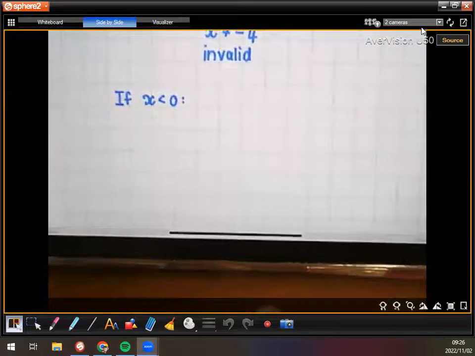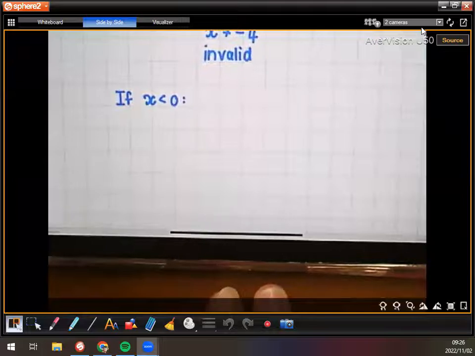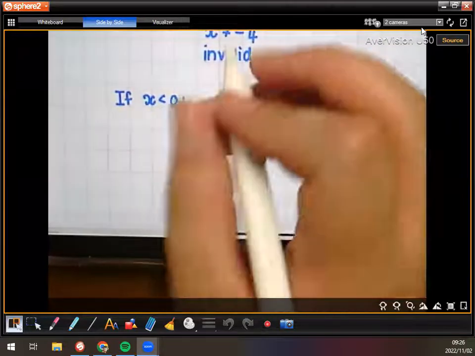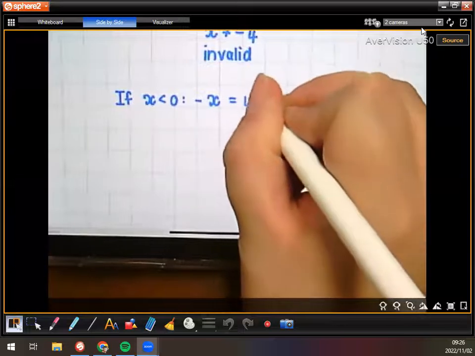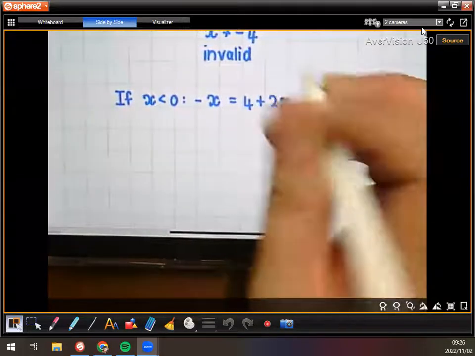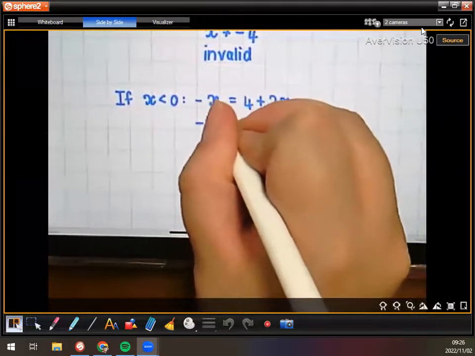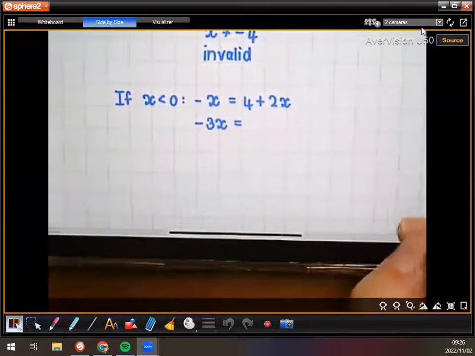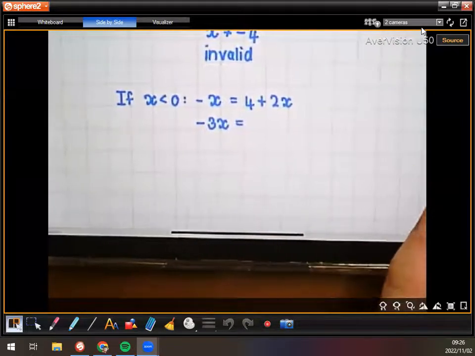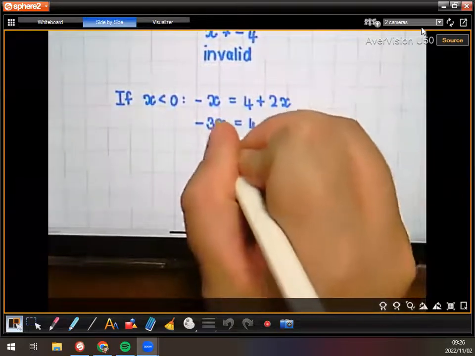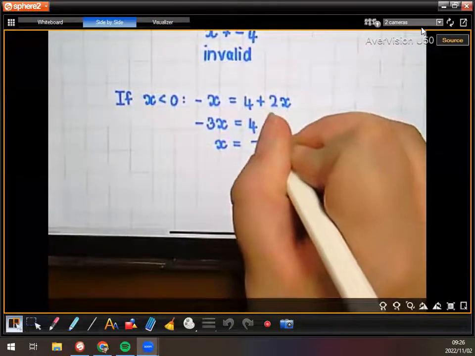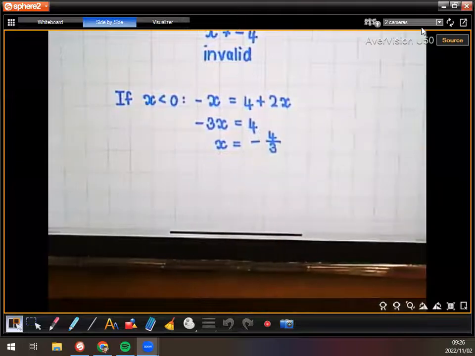Yeah, but on the other side, you have the absolute value. So you have to check in your original equation. The value of x is the absolute value, which is always positive. Yeah, but we can also check.